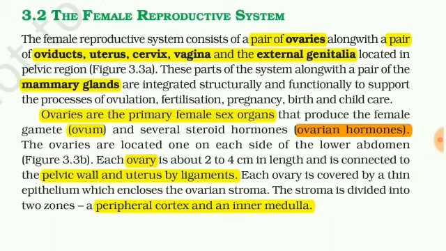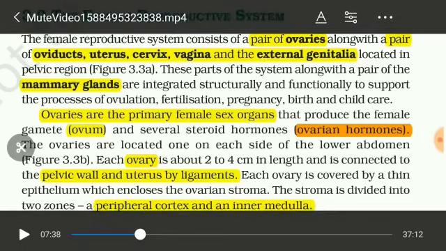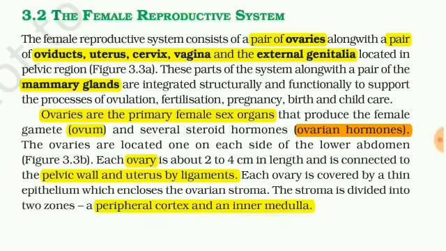Each ovary is located on both sides of the vertebral column in the lower abdomen, and each ovary is 2 to 4 centimeters in length, connected to the pelvic wall and the uterus by ligament. The uterus is attached to the pelvic wall by the ligament.